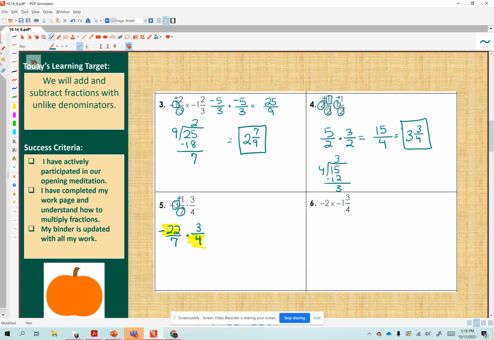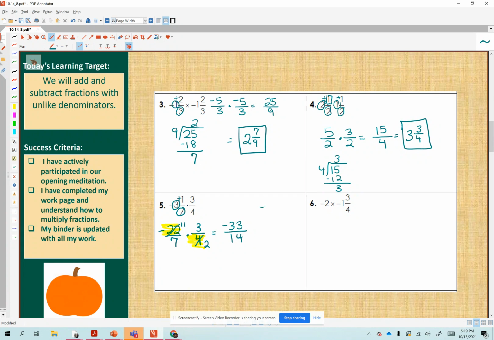And the common factor that I'm going to choose is 2. So 4 divided by 2 is 2. 22 divided by 2 is 11. So when we multiply across, 11 times 3, and it's a negative 11, is negative 33. 7 times 2 is 14.